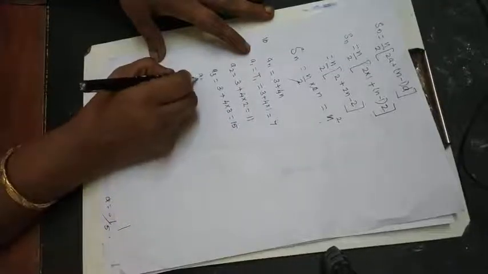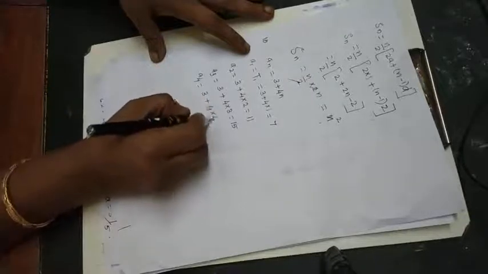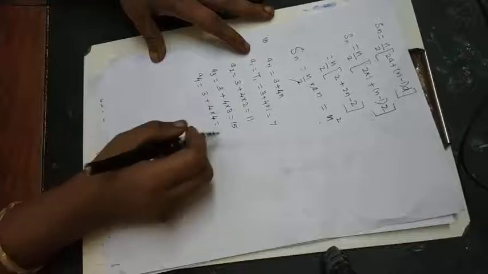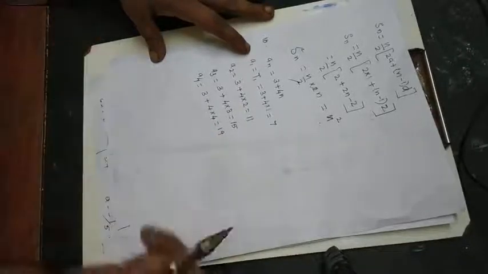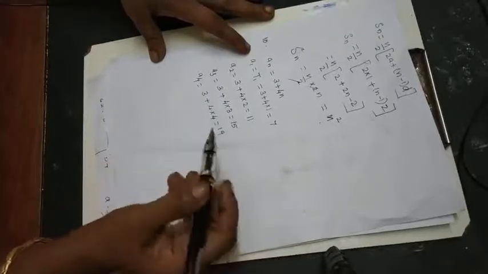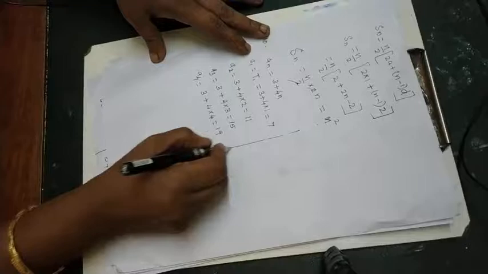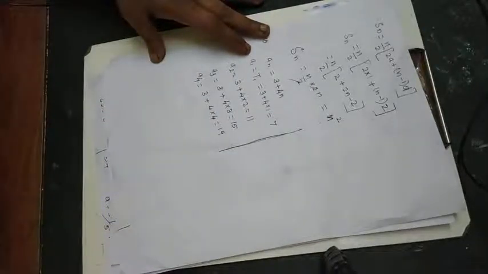Now A4: 3 plus 4 into 4, 16 plus 3, 19 you are getting. See, 3 terms are enough, but I wrote one more. Then whether that forms an AP, that is the first one.